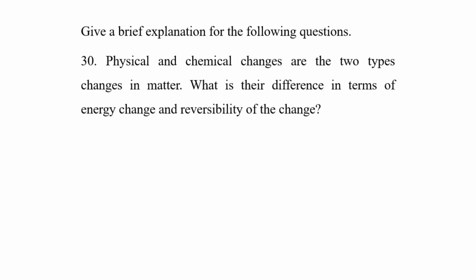Give a brief explanation for the following questions. Question number 30. Physical and chemical changes are the two types of changes in matter. What is their difference in terms of energy change and reversibility of the change?